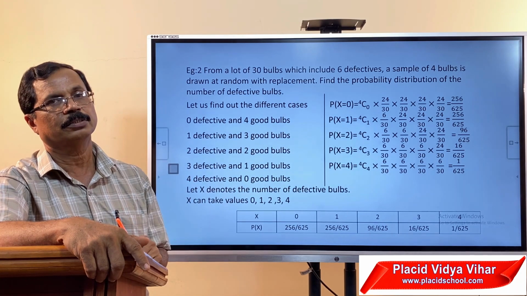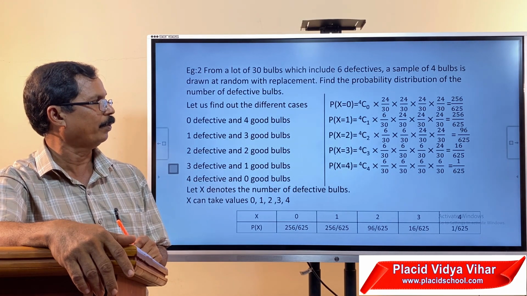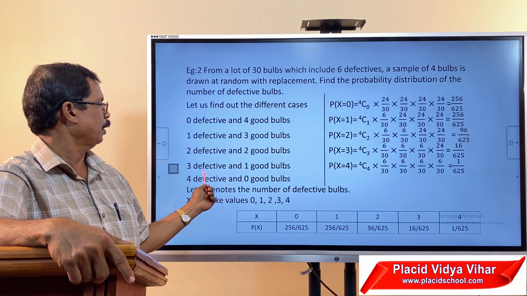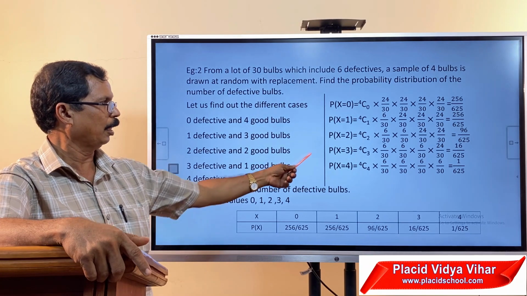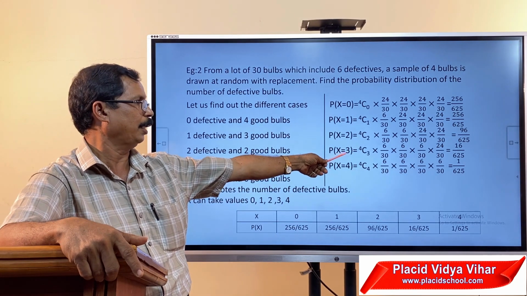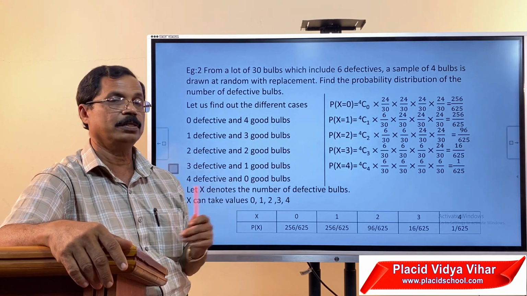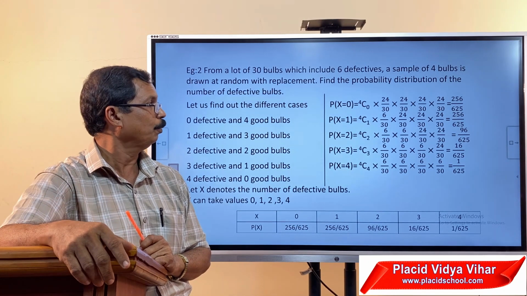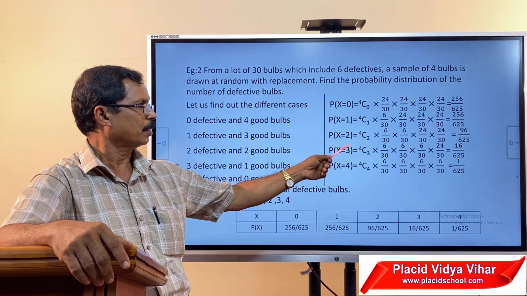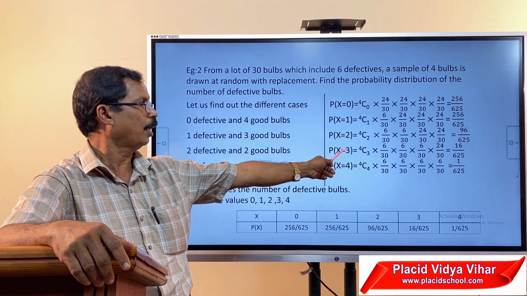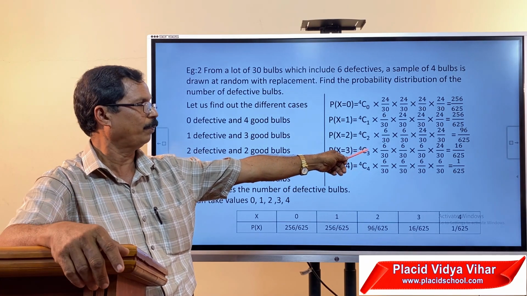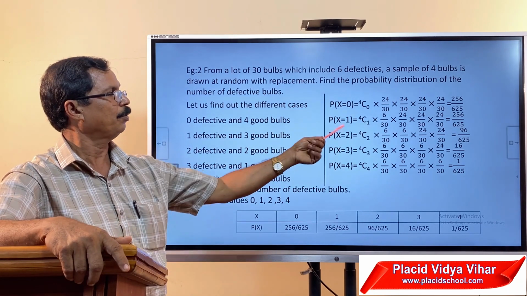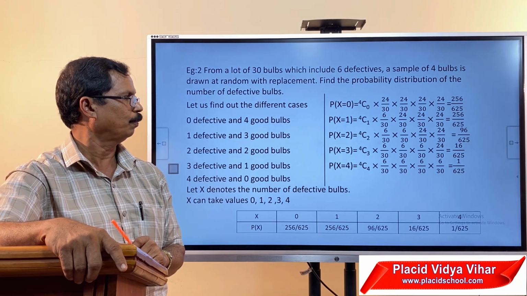Then you simplify it, you will get 96 divided by 625. Then the fourth case, 3 defective and 1 good. 3 defective can be chosen in 4C3 ways. So the probability of x equal to 3 is 4C3 into 6 by 30 into 6 by 30 into 6 by 30, and the last one is always good, so it is 24 by 30. Now you simplify it easily and your answer will be 16 by 625.